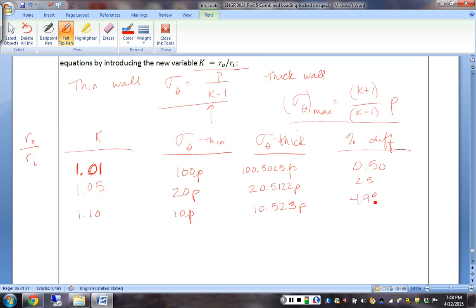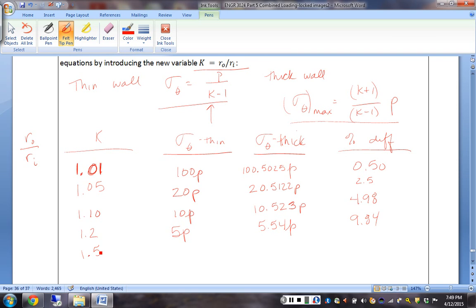That is getting close to a 5% difference. For 1.2, we have 5 times the pressure, or 5.54, which is getting on towards 10% error.